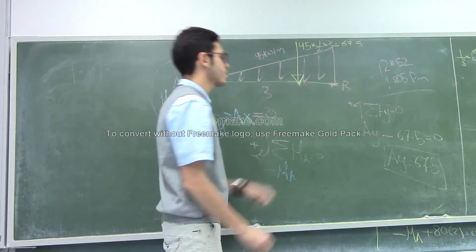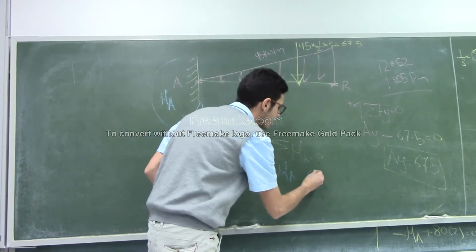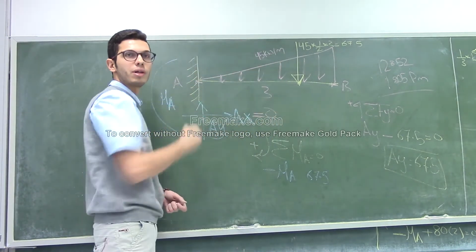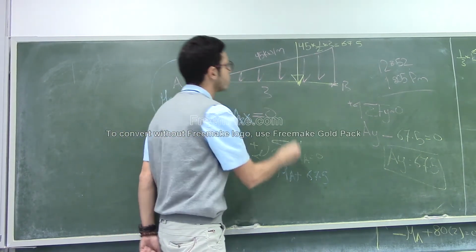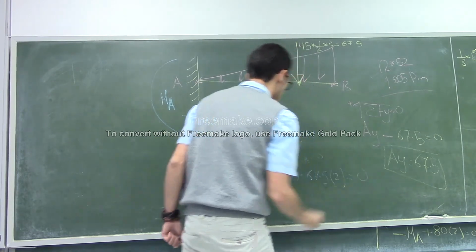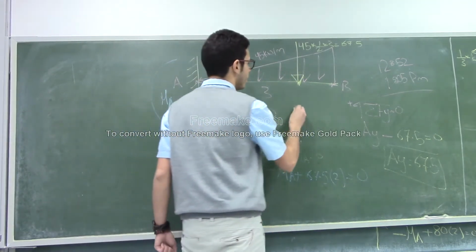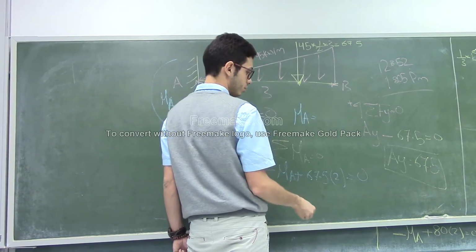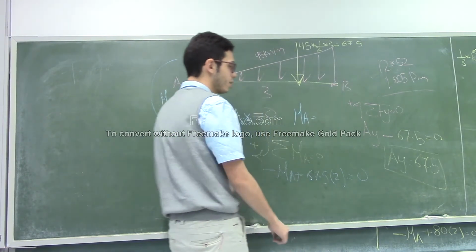And here we got 67.5, which makes a positive moment, multiplied by 2. So MA is equal to 67.5 multiplied by 2.